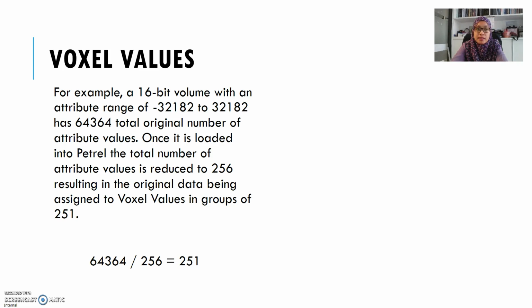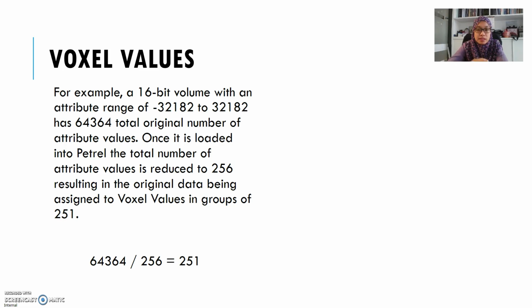As an example here, take a 16-bit volume with a data range of negative 32,000 to positive 32,000. The total is 64,000 because we include the range from negative and positive. So the original number of attribute values in this seismic data is 64,000.